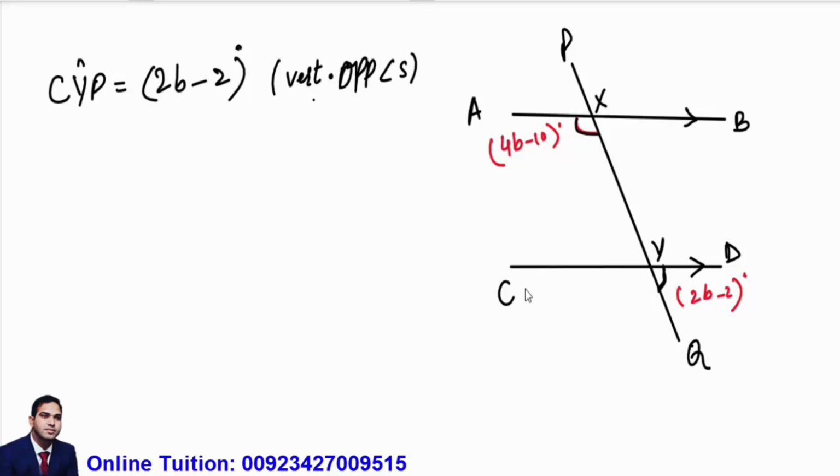This is a vertex opposite angle of CYP. This is the vertex opposite angle 2B.